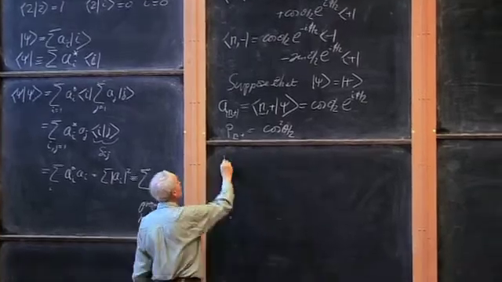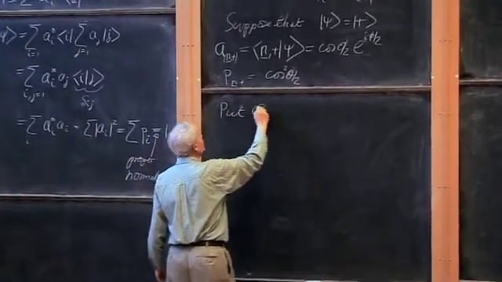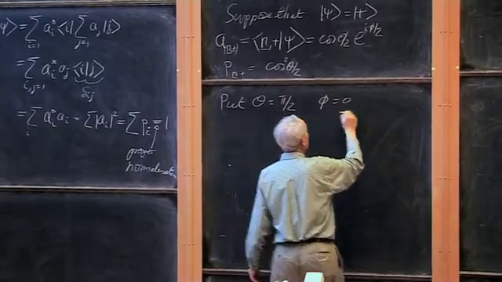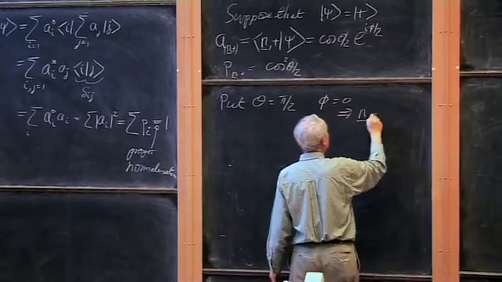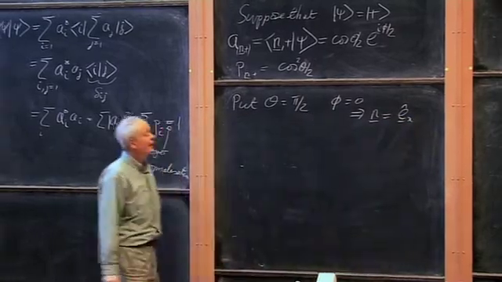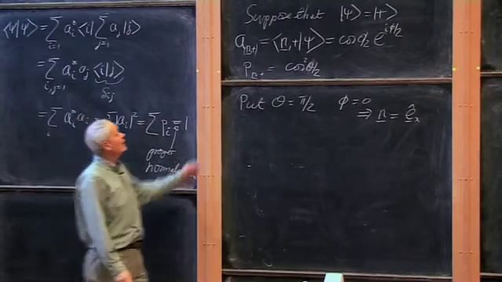Let's put theta equal to pi upon 2 and phi equal to 0. What does that imply? It implies that n is equal to ex, the unit vector in the x direction. So n becomes the x direction. What does that give me?